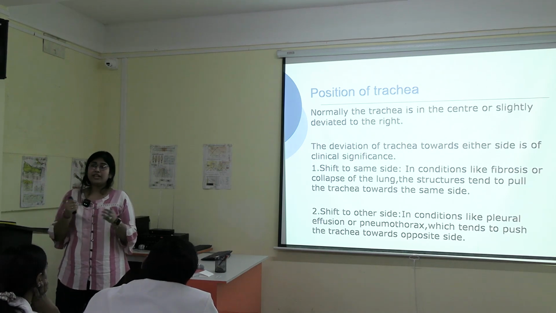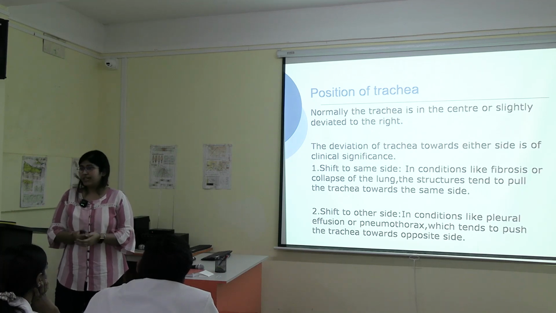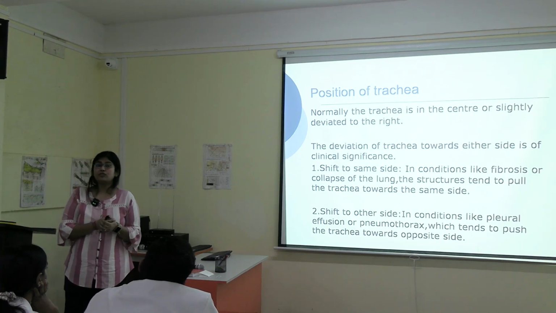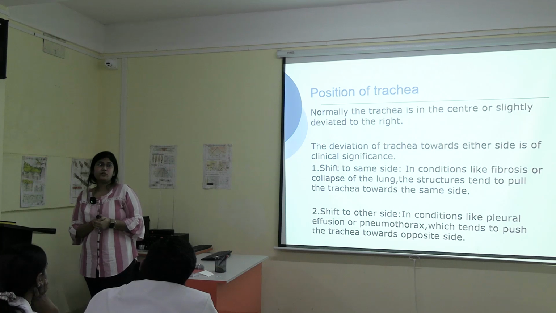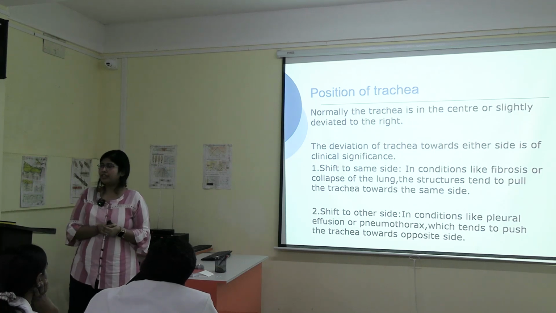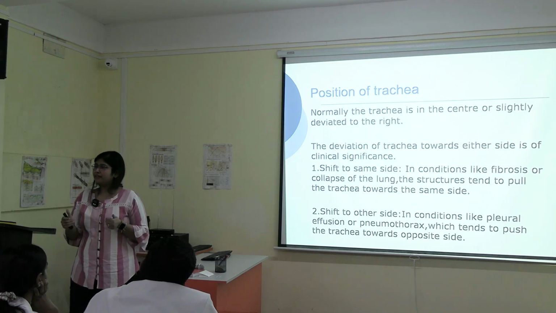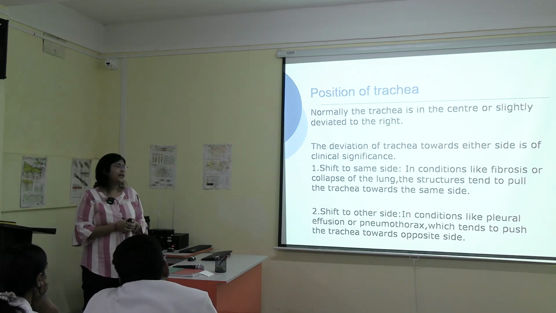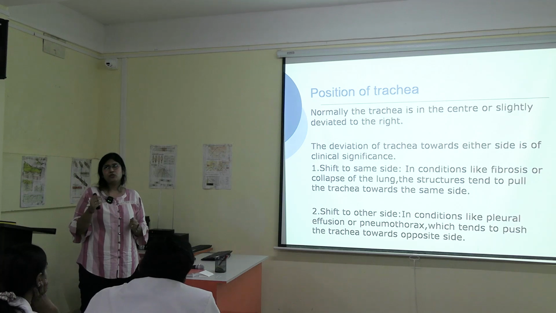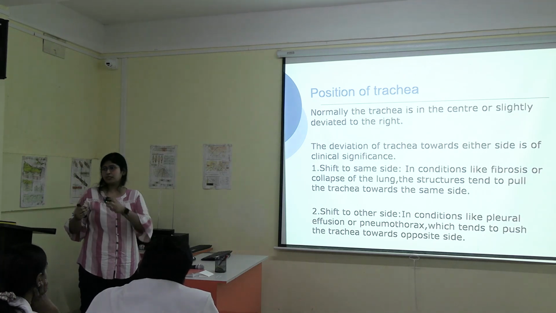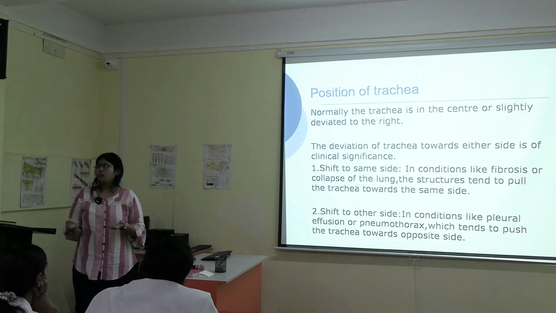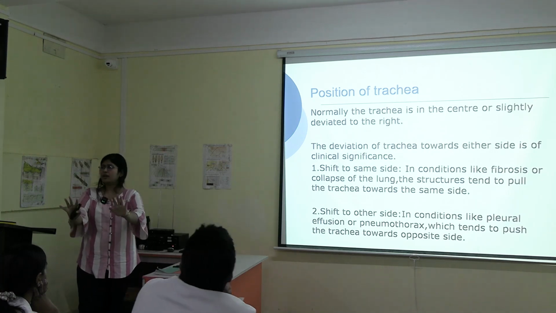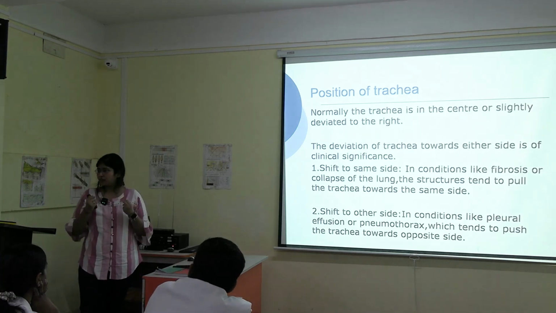That is also called tracheal tug sign positive. In this sign positive, you will also see there is prominence of sternocleidomastoid. I hope you have heard the name. Aware? Good. Now, there are conditions where trachea is moved to the same side, conditions where it is moved to the other side. One condition is pushing the trachea away. One is pulling the trachea towards it.